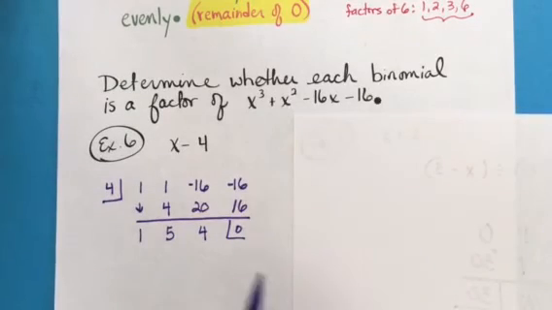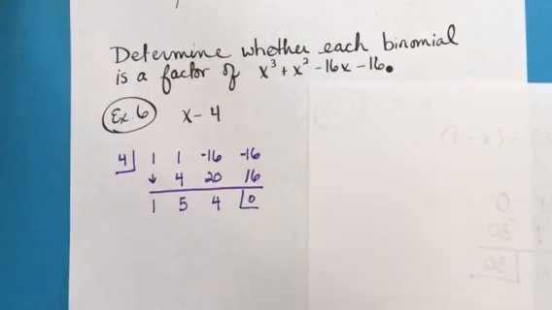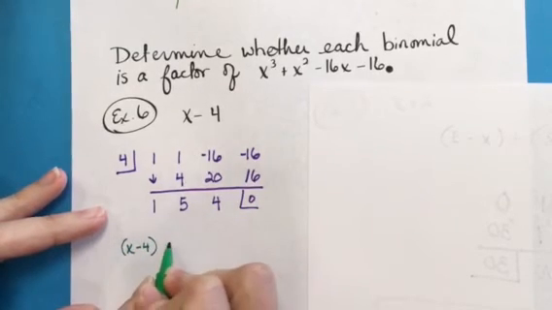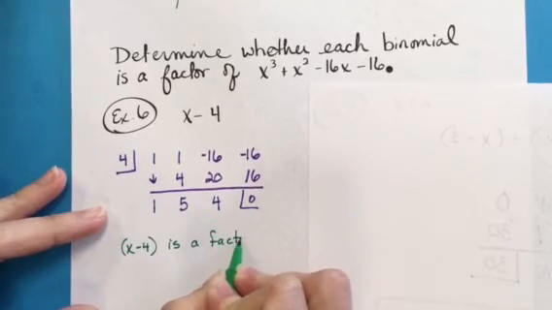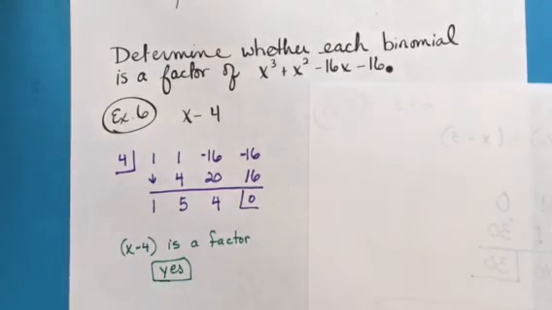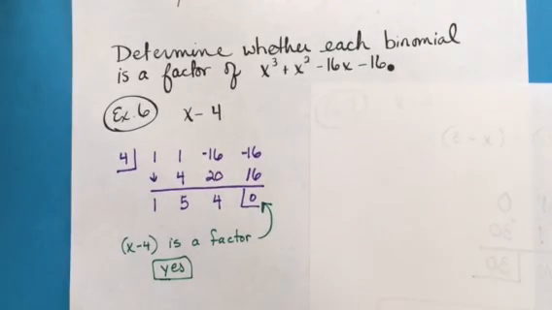And that's exactly what I have here. I do have a remainder of 0, so you can say that x minus 4 is a factor. So that would be a yes to the question. But it's all because the remainder is 0.